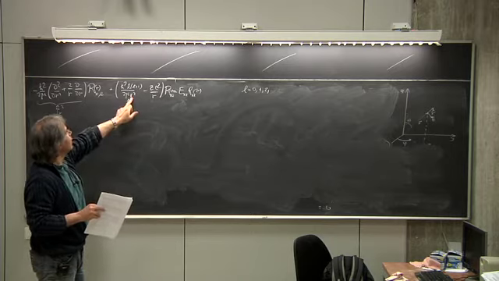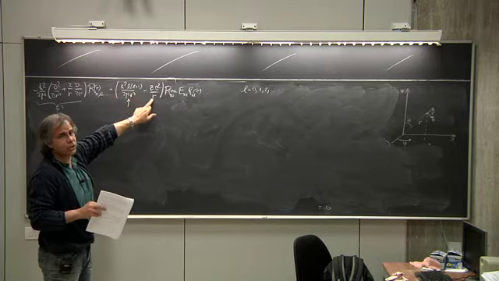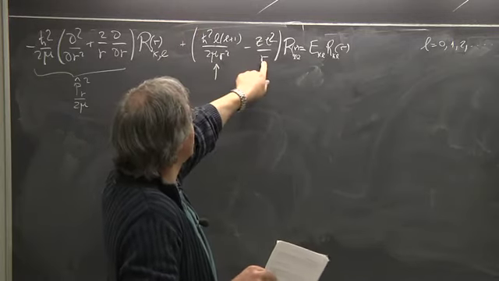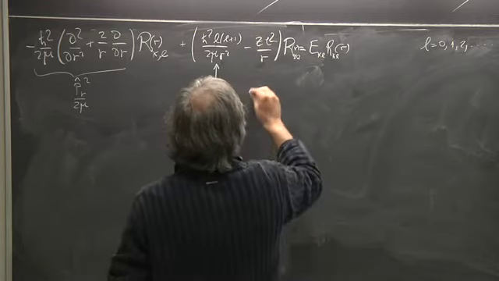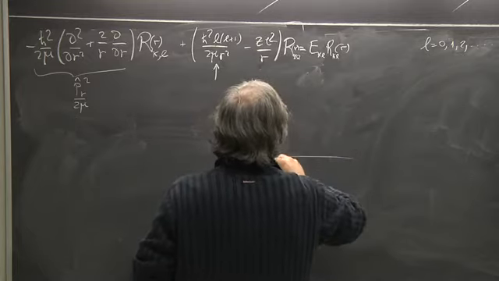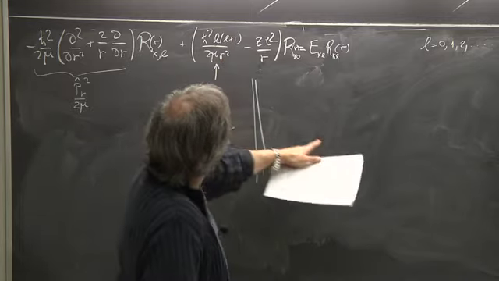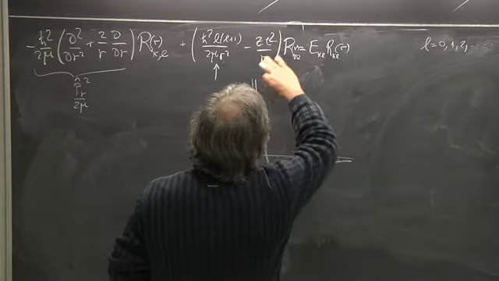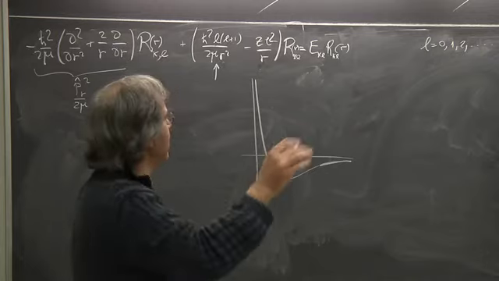And it goes like 1 over r squared, as opposed to the 1 over r appearing in the Coulomb potential. So close to r equal to 0, it dominates over this. So the full combination of both, when this is present, is really a potential of this type. When r is very large, this is much smaller than this, and therefore eventually it's Coulomb-like. So it is pretty similar to the potential I was drawing last time.